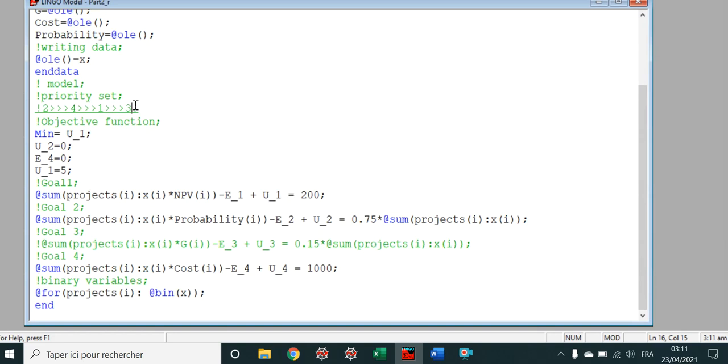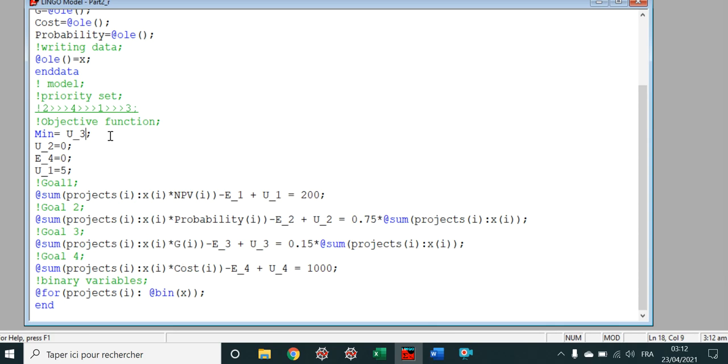And we are left with the least prioritized goal, goal 3, I mean. And the last step of the sequential method is to minimize U3, the shortage, since it's a growth probability goal.